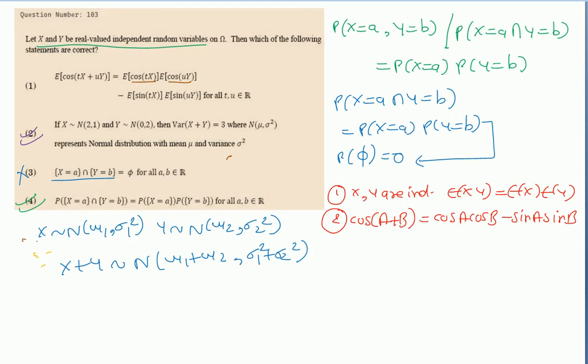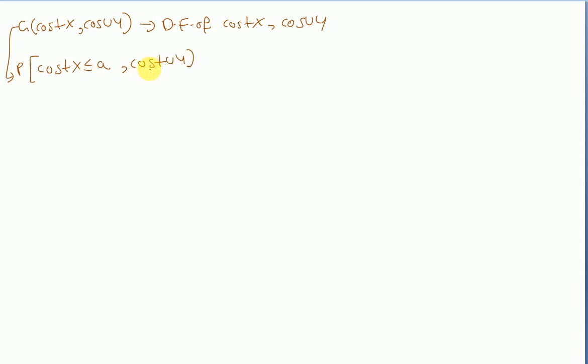Am I writing it right? Yes, this is correct. So cos tx is less than or equal to a, and cos uy is less than or equal to some point b. Now we can write it as x is less than or equal to 1 upon t cos inverse a.